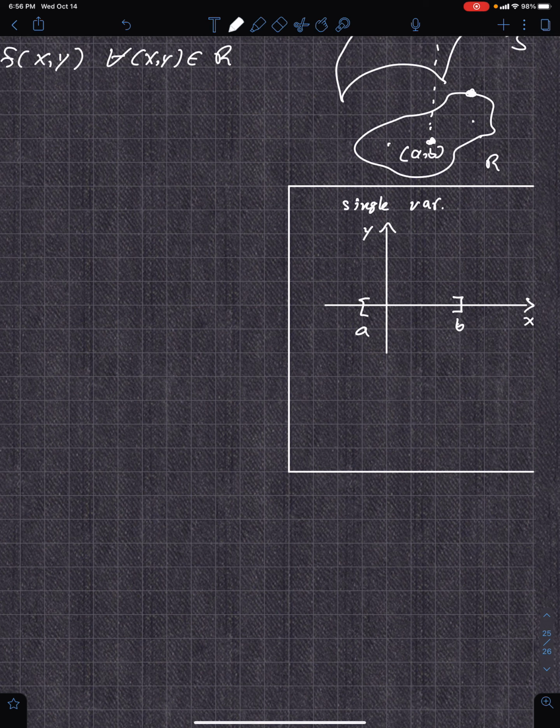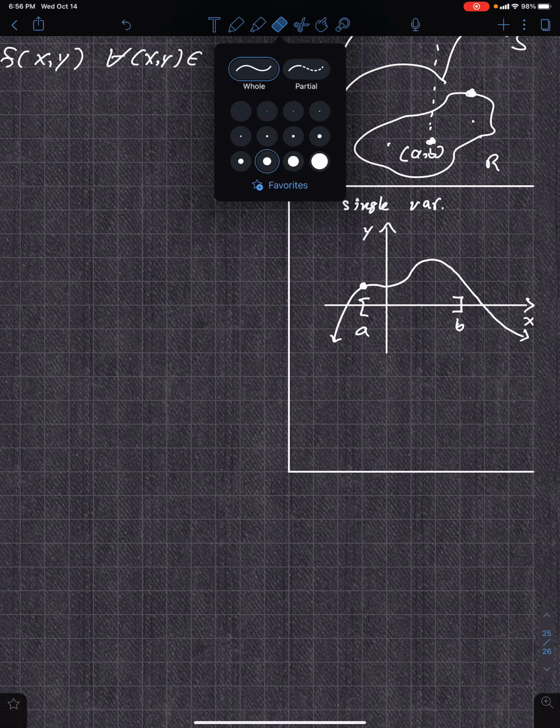So let me just draw this like this. Let me see. I didn't draw that quite like I wanted to. Let me draw it a little differently.